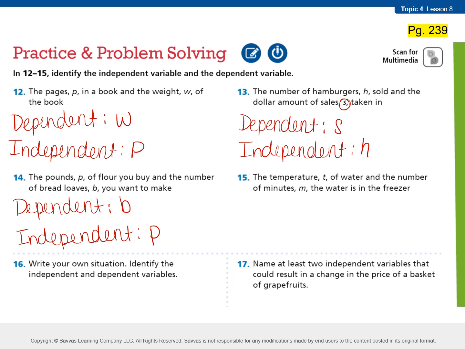Number 15. The temperature T of water and the number of minutes M the water is in the freezer. Which one's going to have the biggest change? Which one is going to be depending on the other?